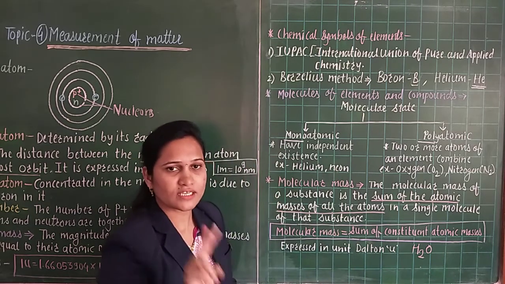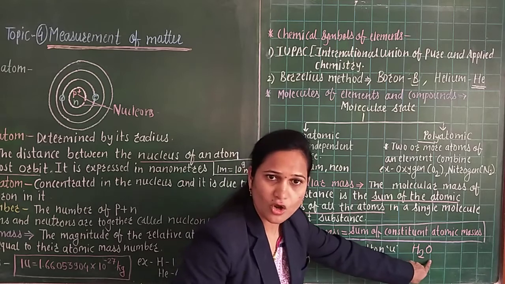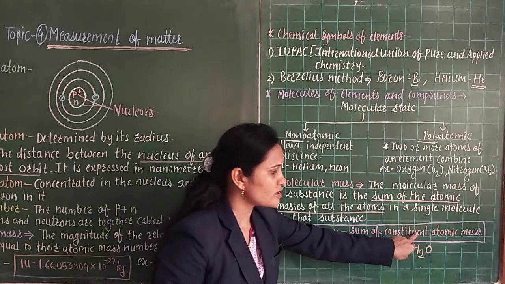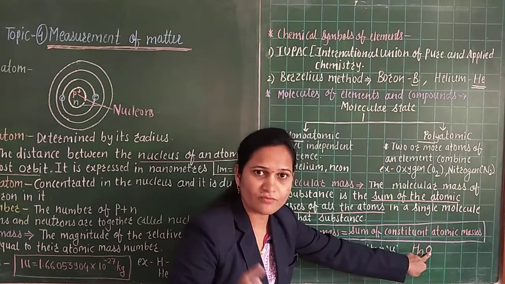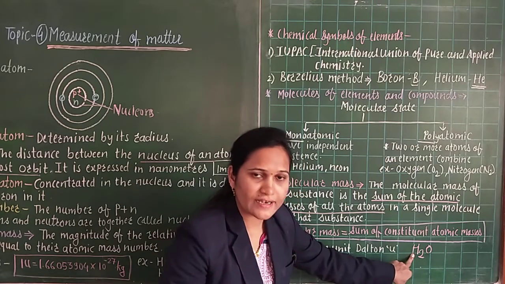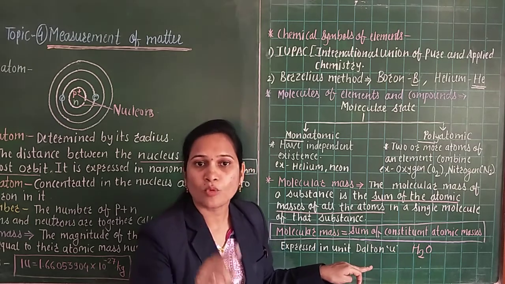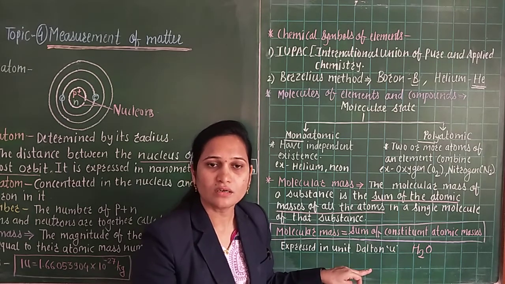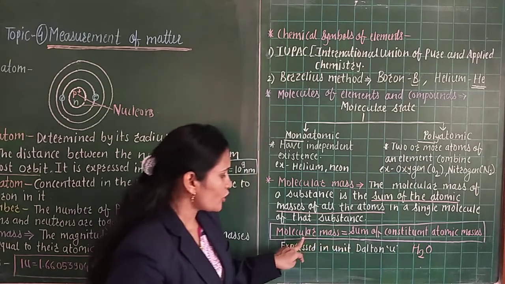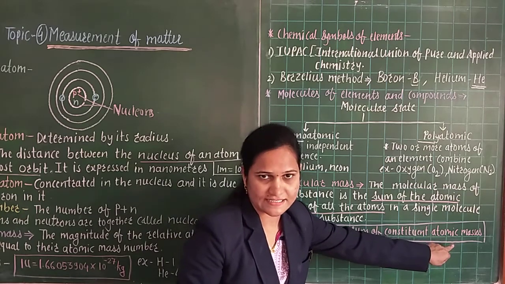In that, how many constituents are there in total? Two constituents, hydrogen and oxygen. So when we find the atomic mass of hydrogen and the atomic mass of oxygen and sum them, we can calculate the molecular mass of the compound H2O, meaning water. So understood, molecular mass means what? The sum of constituent atomic masses.